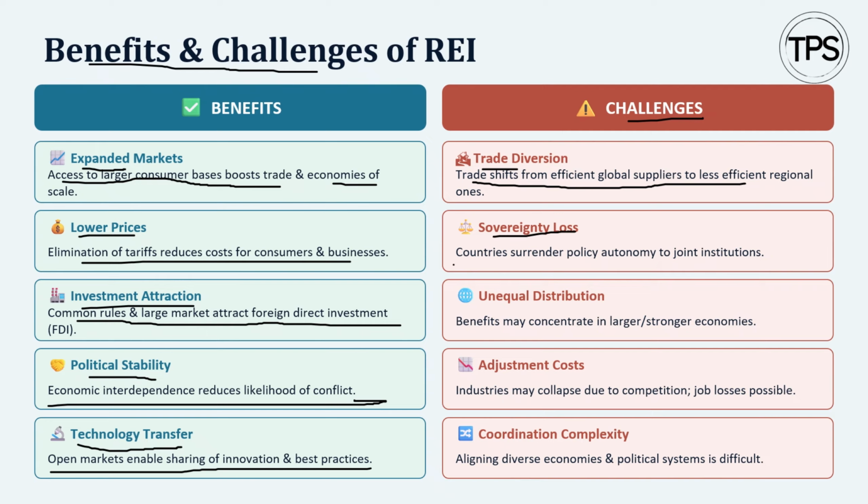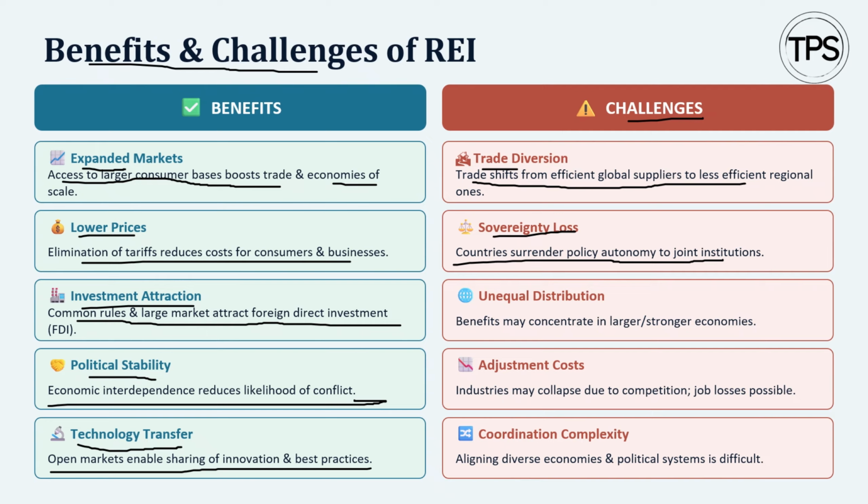Sovereignty loss: countries surrender policy autonomy to joint institutions. When three or four countries come together, they all have to surrender their policy autonomy. Like if I say I am higher, I am superior to you, then another person says I am more superior than you, then it will not go on for the long term.